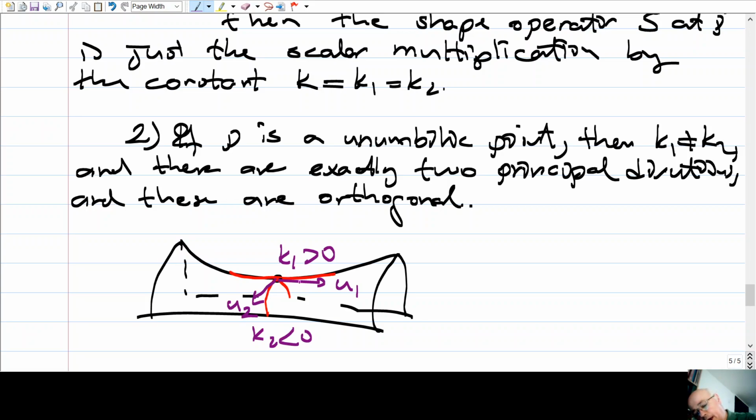The surface is bending the most in this direction at this point, and it's bending the least along this direction. And the theorem is telling us that these two vectors u1 and u2 are necessarily orthogonal to each other.